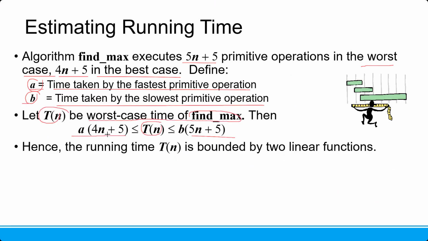So our algorithm will run in between these. The running time T(n) is bounded by two linear functions. Why linear functions? Linear function means we have n and n.